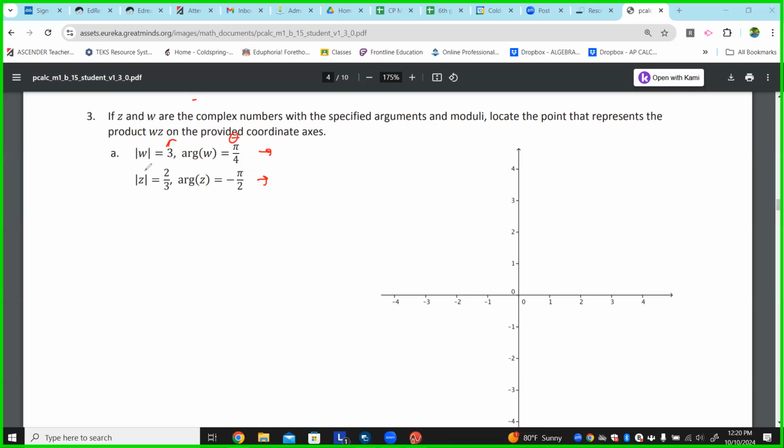So what I can do is convert this into polar form and then turn that into rectangular form.